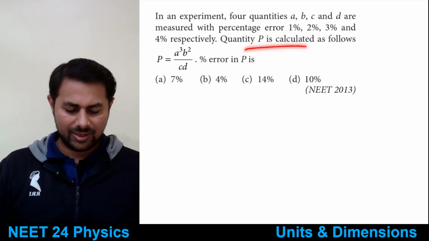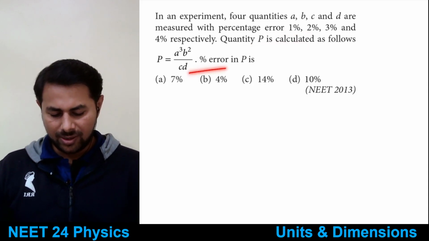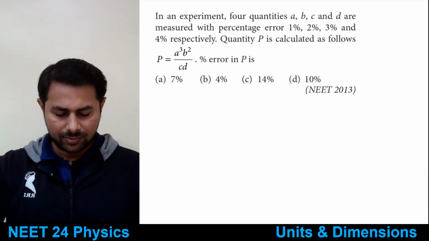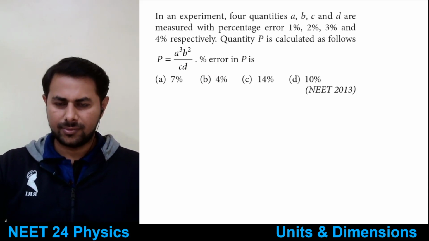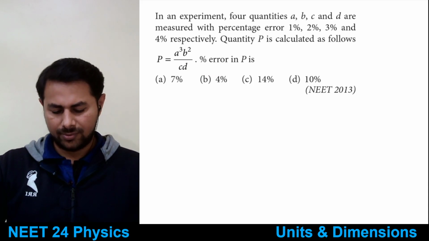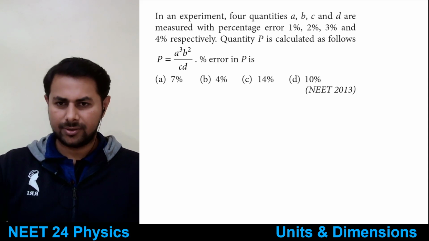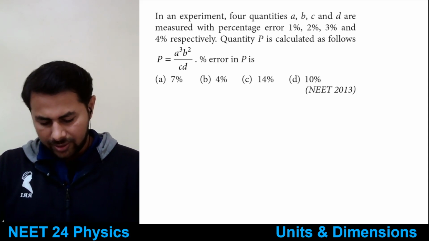The quantity P is calculated as follows. The percentage error in P is, tell me. Three times of 1%, 2 times of 2%. Option C, everyone? Good. So it's option C.